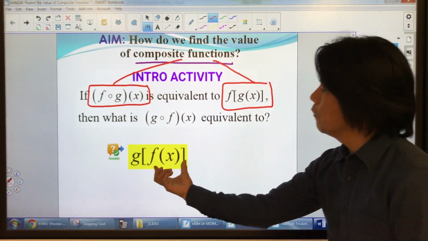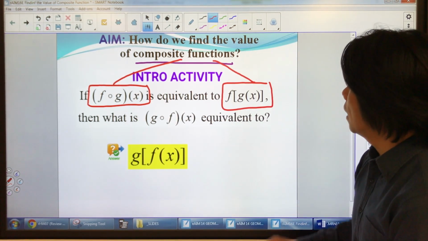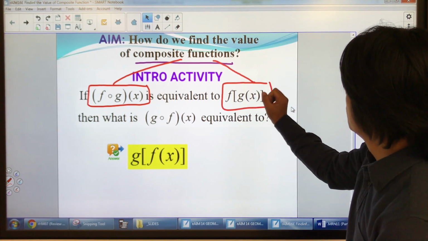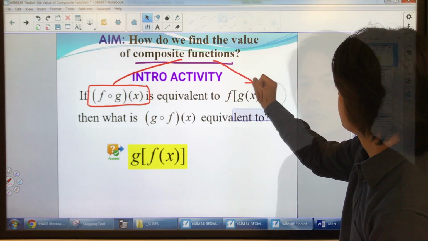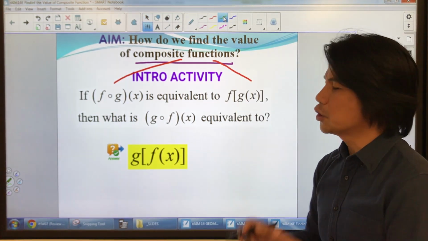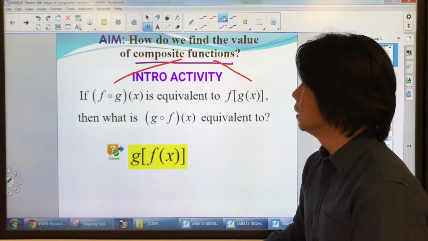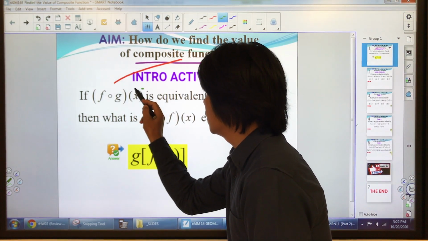Now, how did you figure this out? Take a look at this function. We're more familiar with this, right? The shortest way to figure out how to write it correctly is by looking at the x.